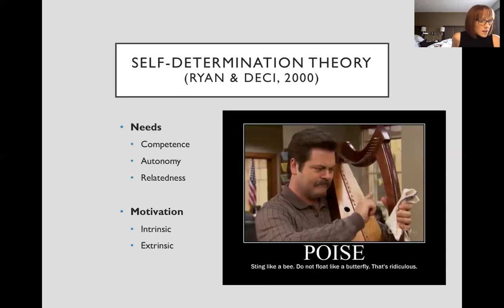And so it can be a little bit complicated, but generally what researchers, including myself, have recommended is that you have to be really careful about the extent to which you are potentially undermining your employees' intrinsic motivation.